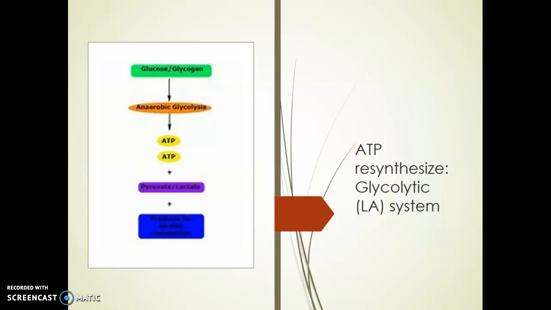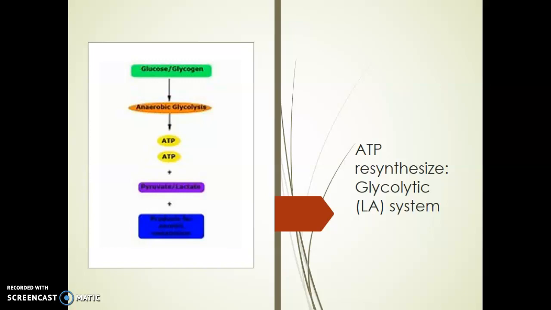The glucose then breaks down into pyruvic acid through the enzyme phosphofructokinase. When the glucose breaks down, it will release energy enough to resynthesize 2 ATP molecules to carry on this system.